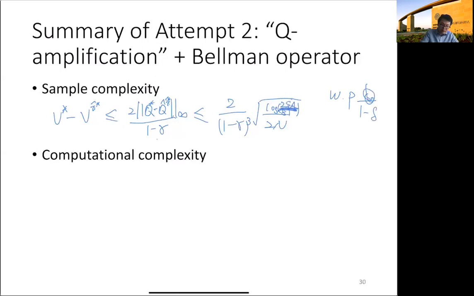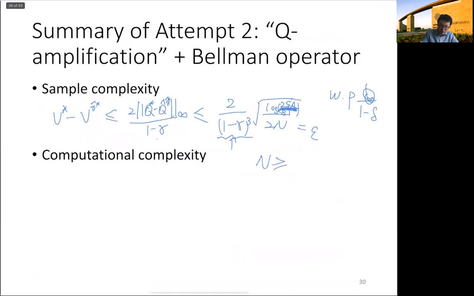So even though we got a much worse dependence on this 1 minus gamma thing, notice that we have gotten rid of the square root of S dependence in the bound. So in this case, if we calculate the corresponding epsilon, then we can get n.